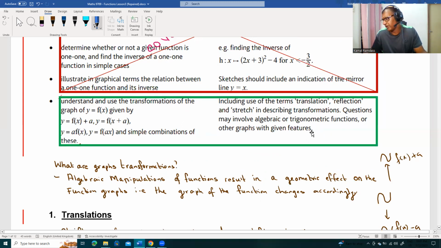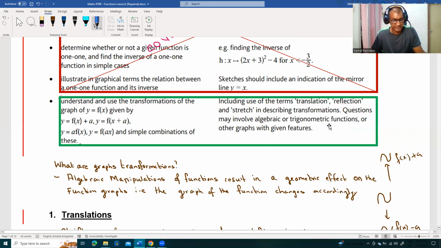Oui. Involving trigonometric function, si je déjà connais trigonometric function depuis mon leçon de grade 10 et 11 d'additional mathematics, bien sûr. Si je connais exponential function, bien sûr.